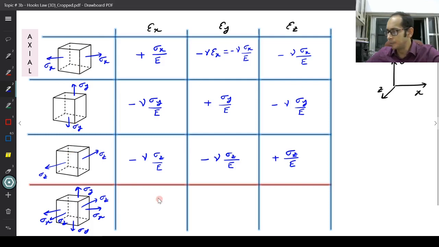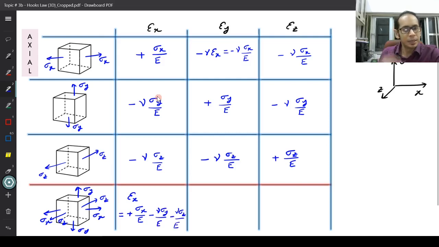So my epsilon x is going to be a positive of sigma x divided by E, which is the first term, negative of nu sigma y by E, and a negative of nu sigma z by E.